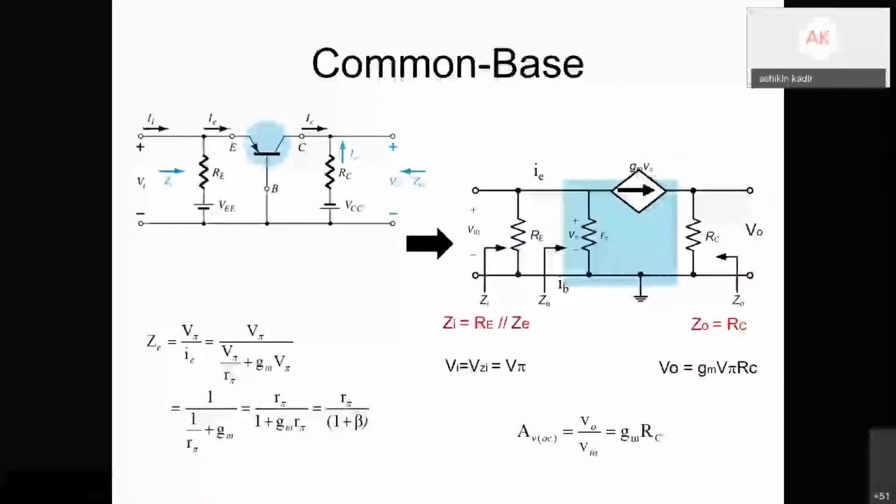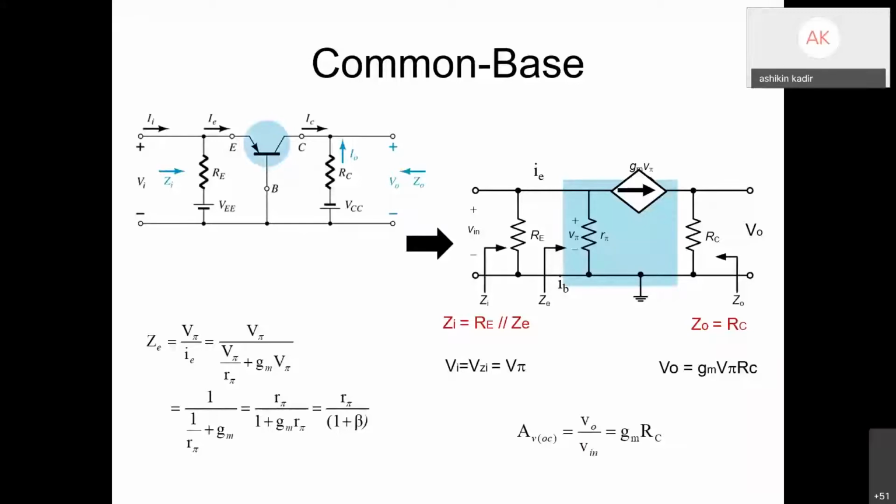So now this is a common base. Okay, common base. So your AC equivalent circuit Z out equals RC.